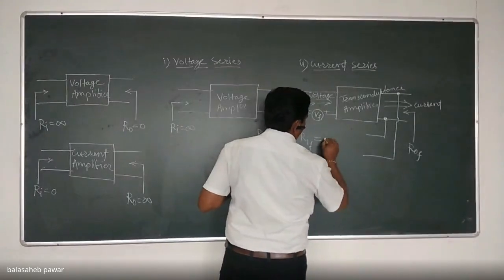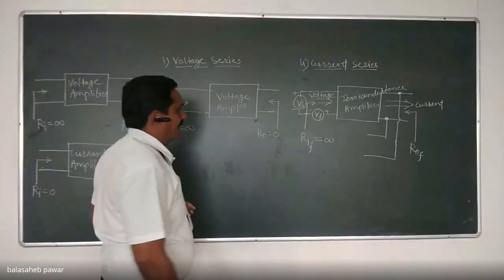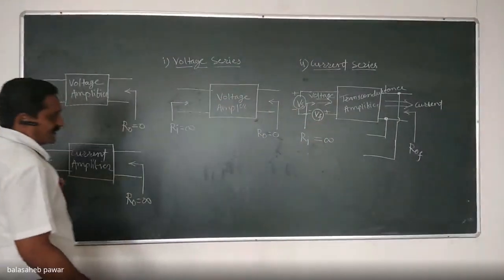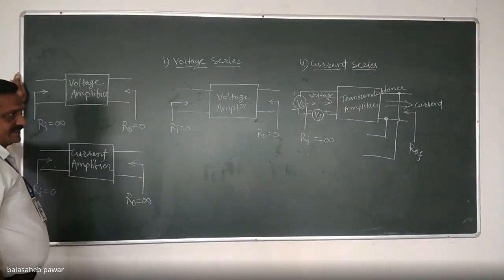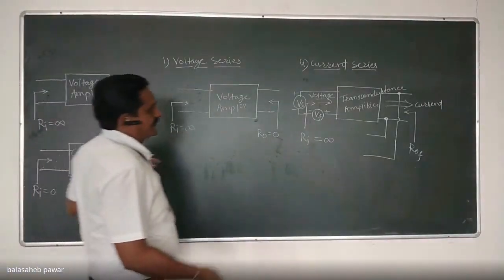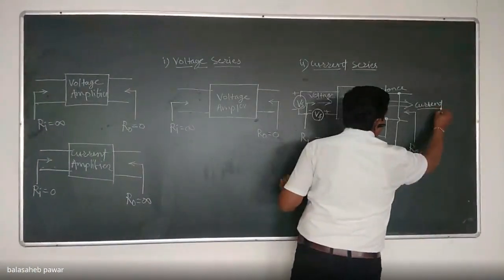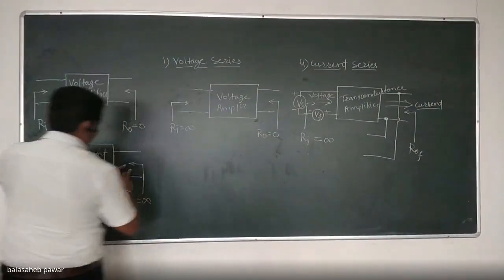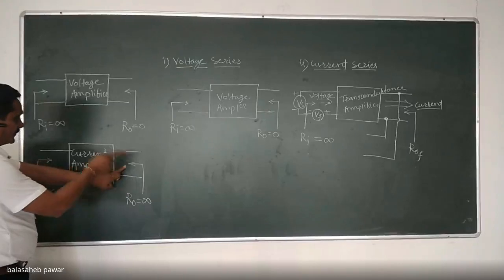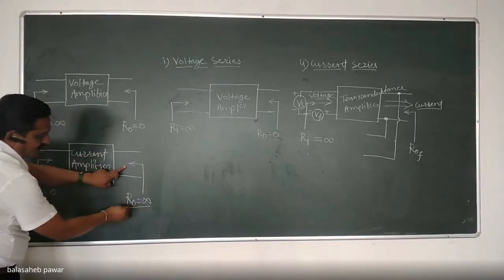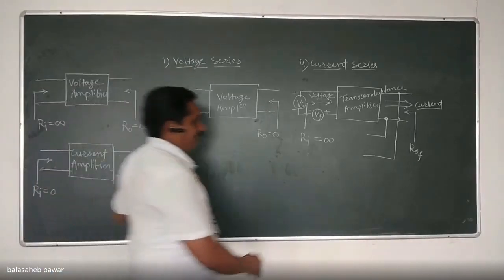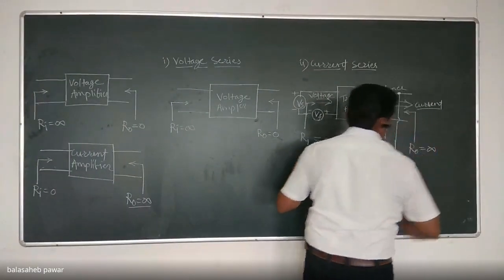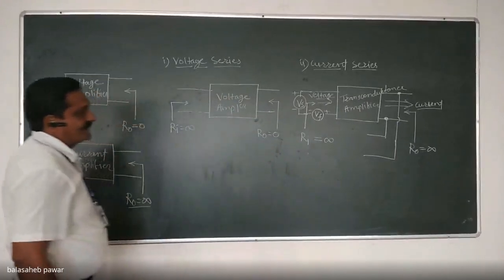That means RIF with negative feedback, or simply say Ri only, should be infinite. Correct? Now the output is what? Current. Switch to the current amplifier. That means over here, on the output side, for an ideal current amplifier, how much is RO? It is infinite. So you have to write RO as infinite here. Is it clear now?